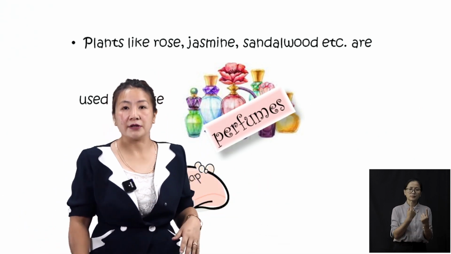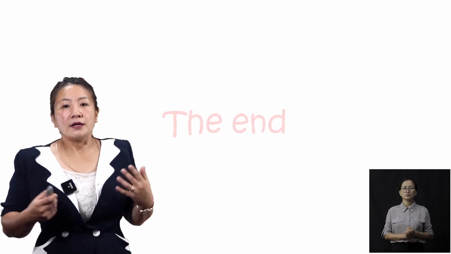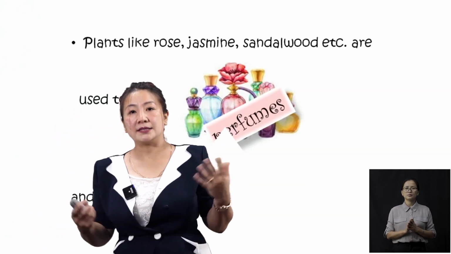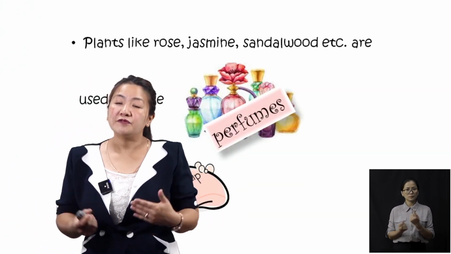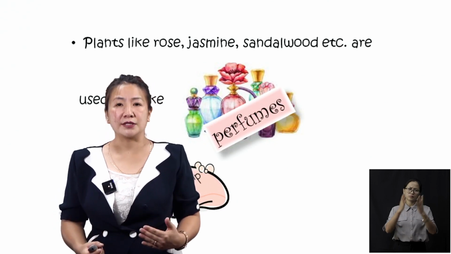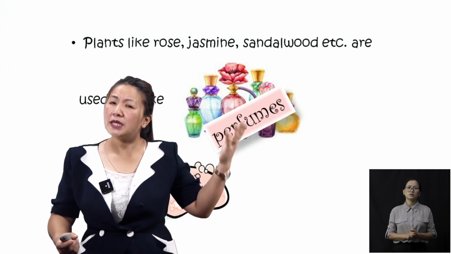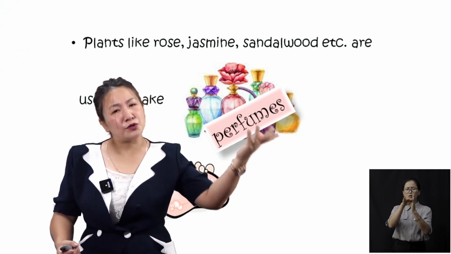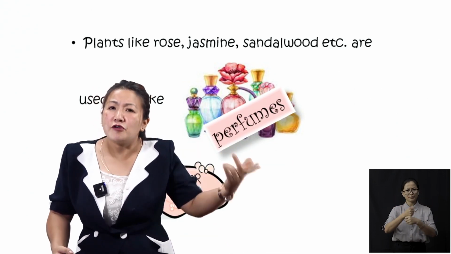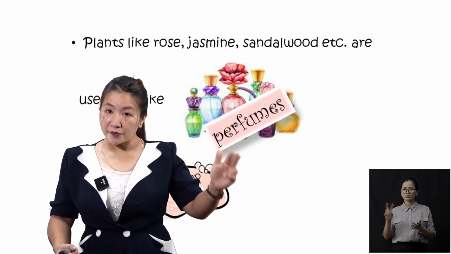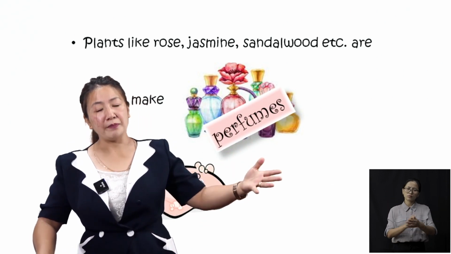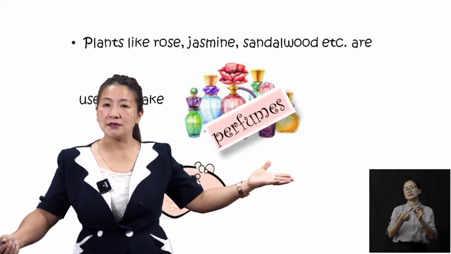Yes, very good. So, like I said, the plants are useful to us in so many things, right? Almost everything, from building houses to making papers, from fruits to vegetables, from perfumes to soap to shampoos to medicines.